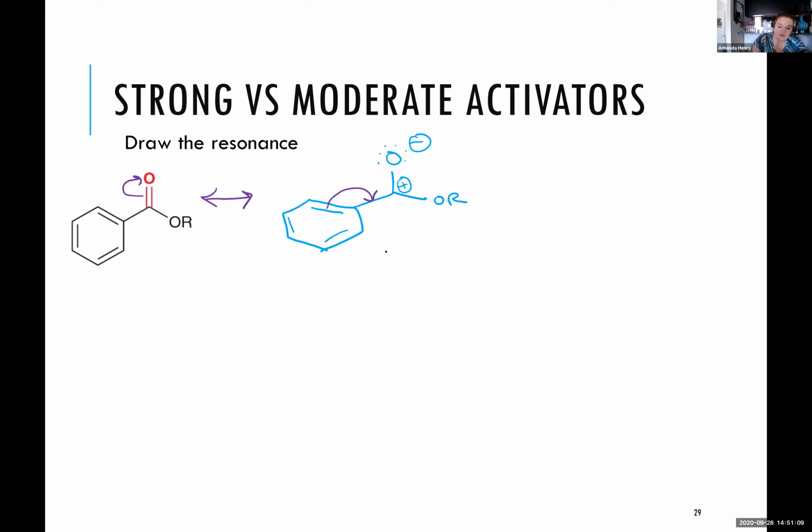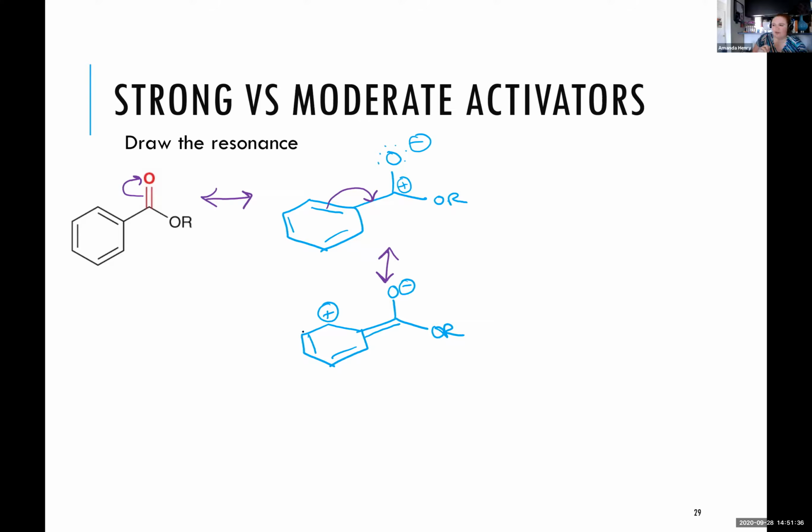So I'm going from the pi bond to the new pi bond's location, so to that sigma bond. So there's all the stuff that wasn't affected, all the stuff that didn't change. My new pi bond goes right here, and there's my new carbocation.